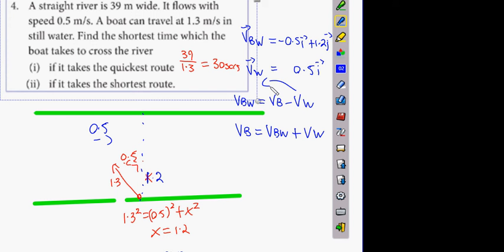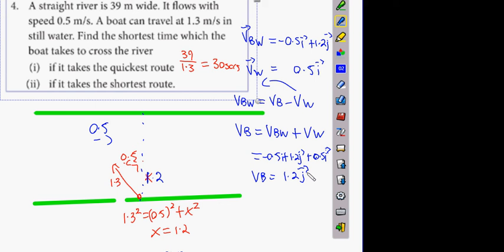And therefore, when you add them both together, you add minus 0.5i plus 1.2j, and then VW is plus 0.5i. The i's cancel, and velocity of the boat therefore results in 1.2j, going 1.2 directly upwards. Okay?